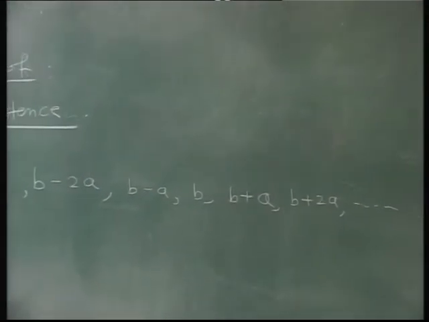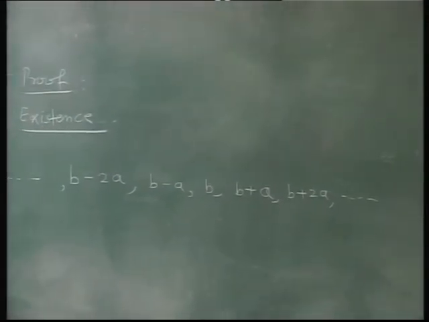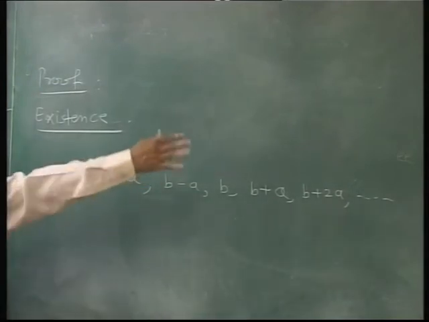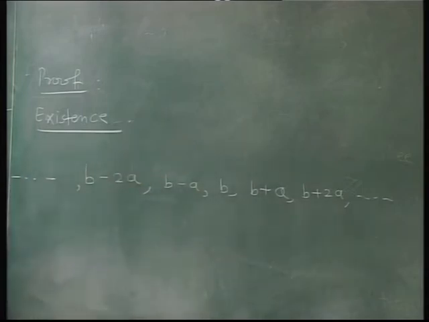On both sides it's extending. This is a sequence which is a double sequence, you can say. It is increasing on this side, it is decreasing on this side. Initially there may be negative numbers, but a is positive.